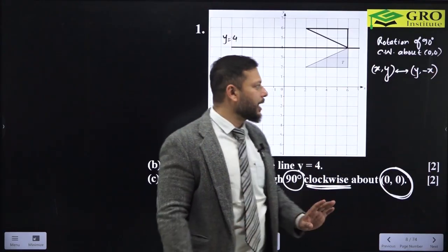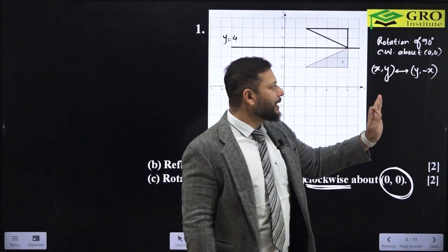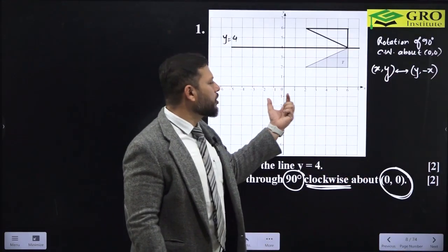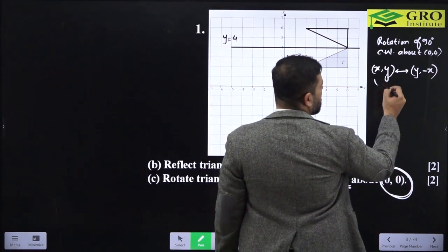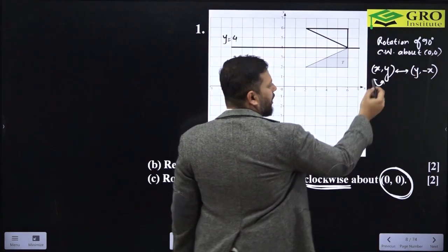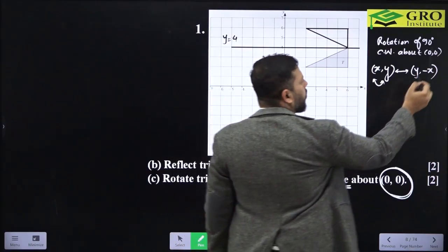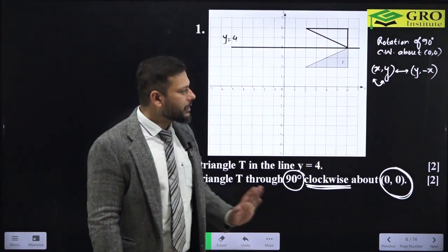I am telling it again, guys. Whenever the rotation of an object has to be done 90° clockwise about the origin, just do one thing: interchange the places of the coordinates. That means make x as y and y as x, and also put a negative sign on the new y coordinate. That is how we'll do it.